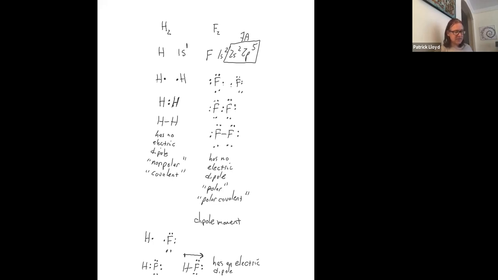And it turns out that some atoms have a greater attraction for valence electrons than other atoms do. Okay, so the issue here is, why does HF have an electric dipole?